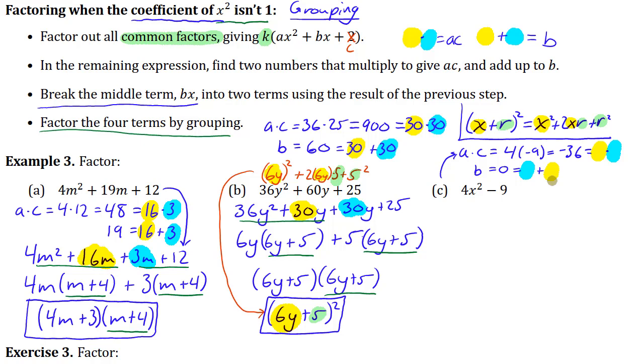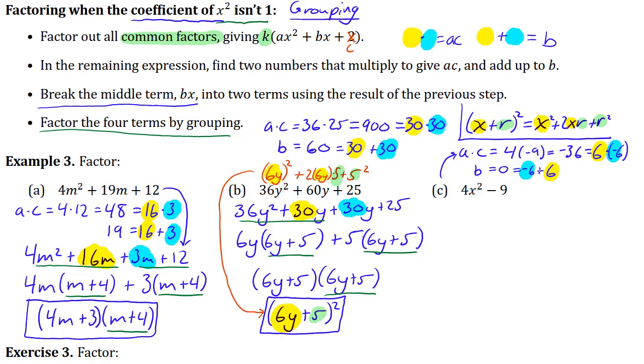But if you want to make them multiply to make negative 36, well, let's see. 6 times negative 6. There we go. That is negative 36.